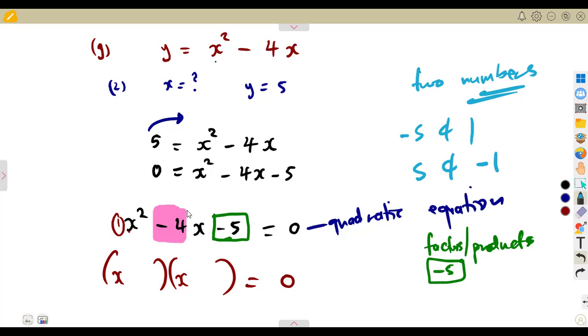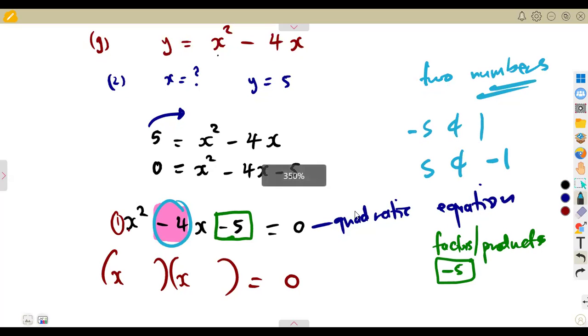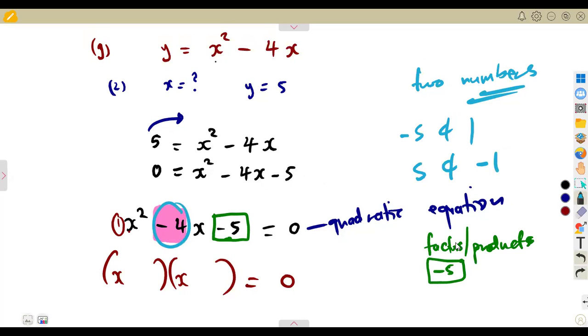But if you add those two numbers, are you having a -4? That's the question. If you add these two numbers, -5 plus a 1, what do you have? A -4. 5 plus -1, if you add 5 and -1, that's a +4.